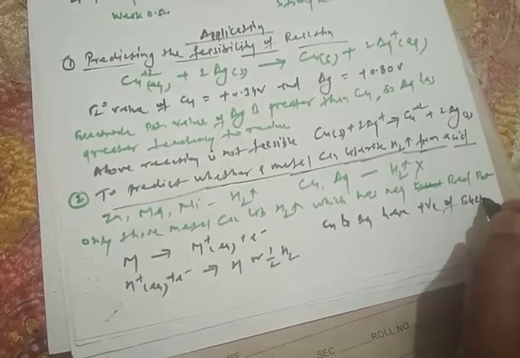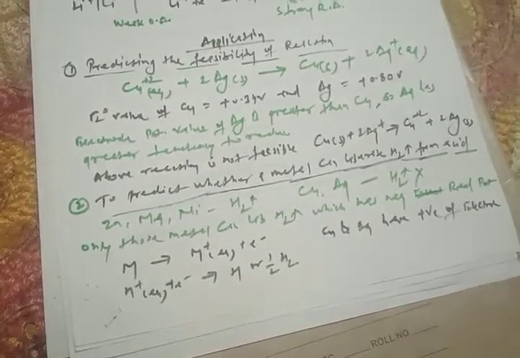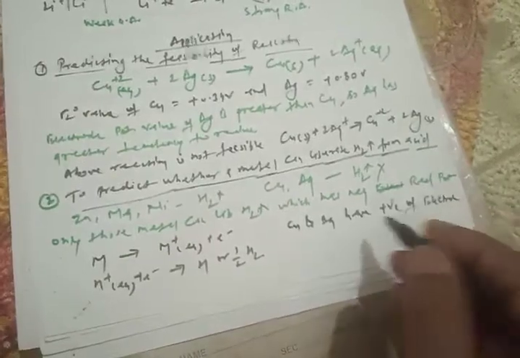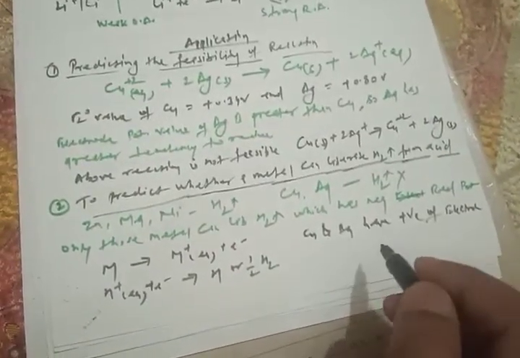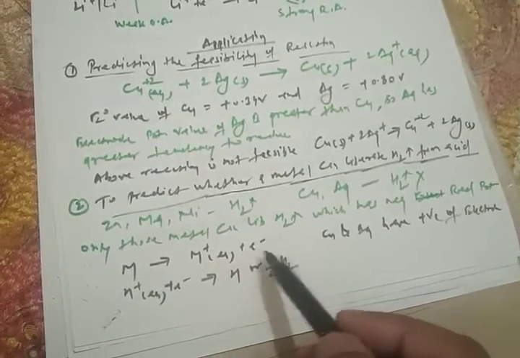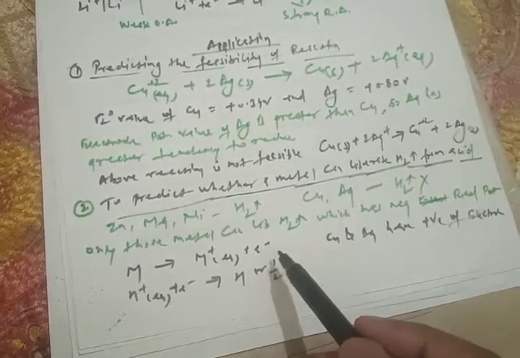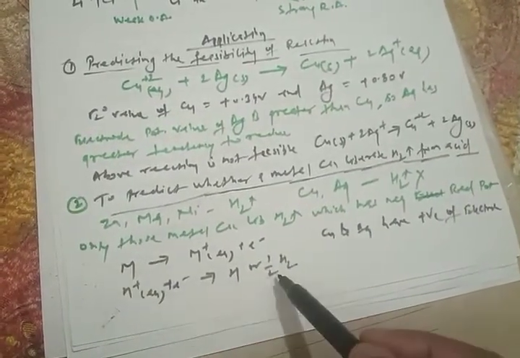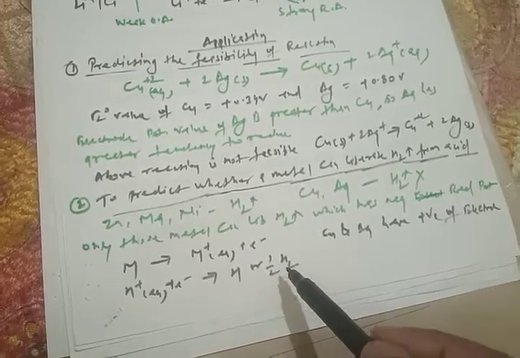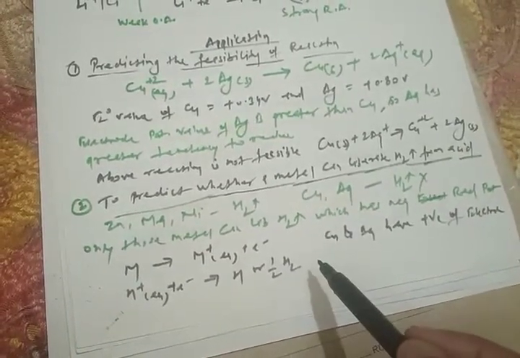As they have a positive value of E naught, they are not capable of releasing electrons, and if they are not capable of releasing electrons, hydrogen gas will not liberate. So this is the reason.